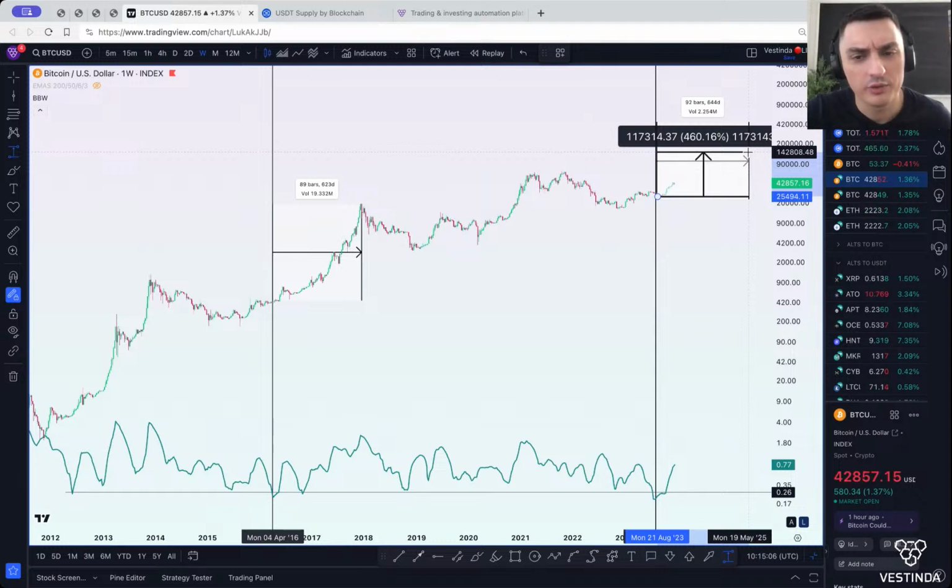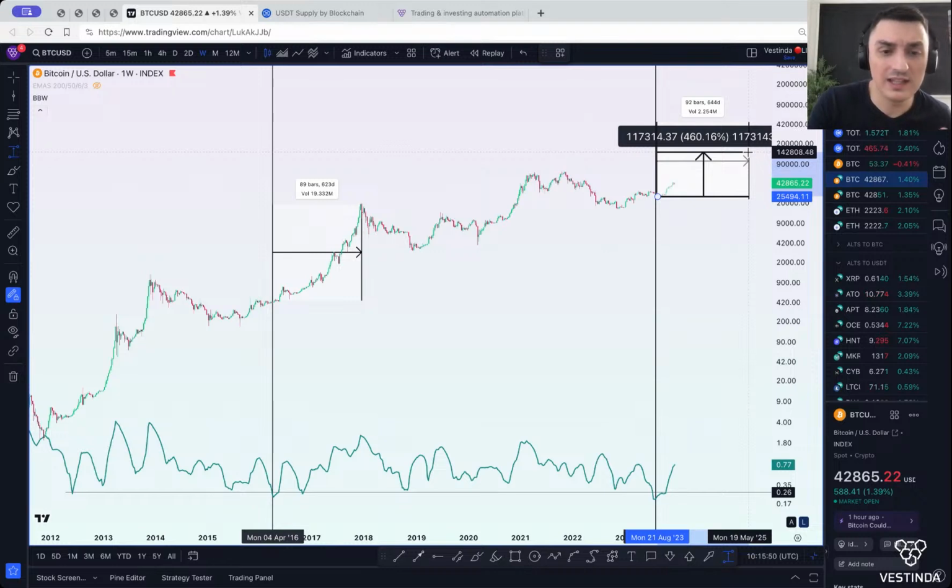Anyway, we're going to have smaller price action compared to 2016, simply because we have a much broader market with a lot of futures traders and a lot of option traders. So it's kind of a different market, and a lot of people are betting on different price levels. Some people are going long, some people go short. That's why we're not going to have the similar price action that we had in 2016, 2017, simply because in 2016 we didn't have the opportunity to short the market like we have right now.